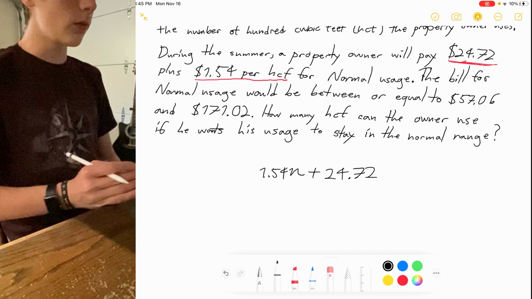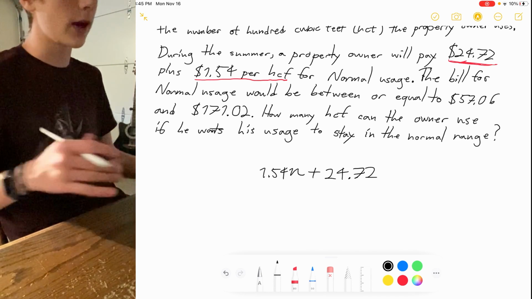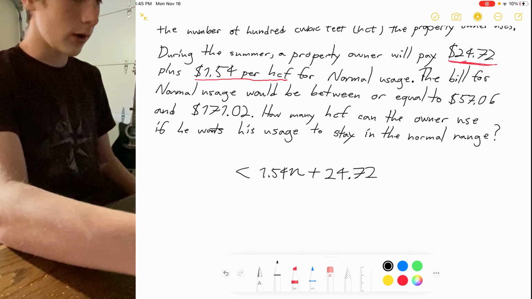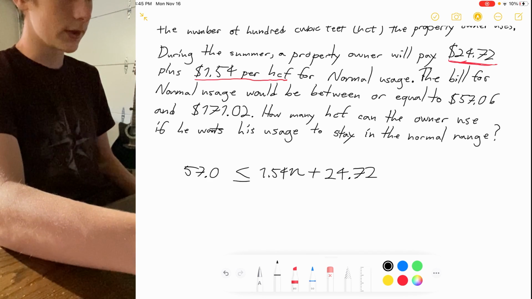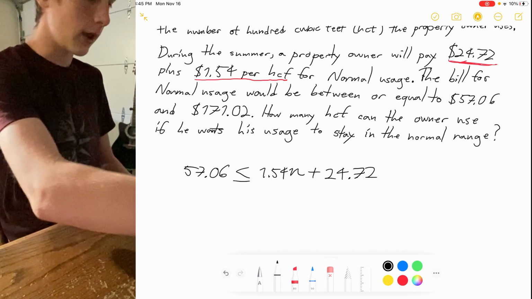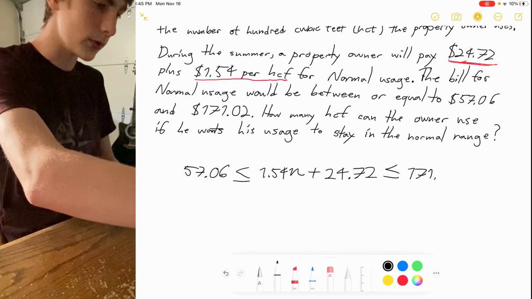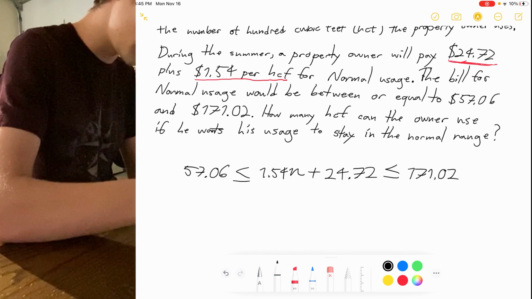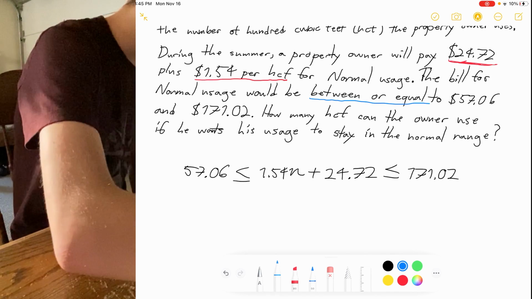And what we want it to be between or equal to $57.06 and $171.02. So it'll be greater than or equal to $57.06 and less than or equal to $171.02. So just to make that clear, it says between or equal to, right?